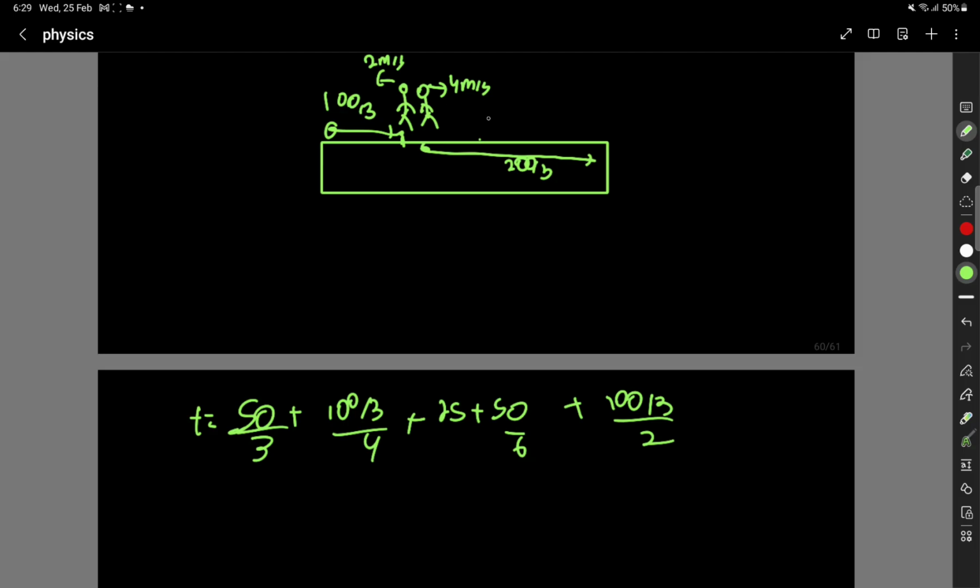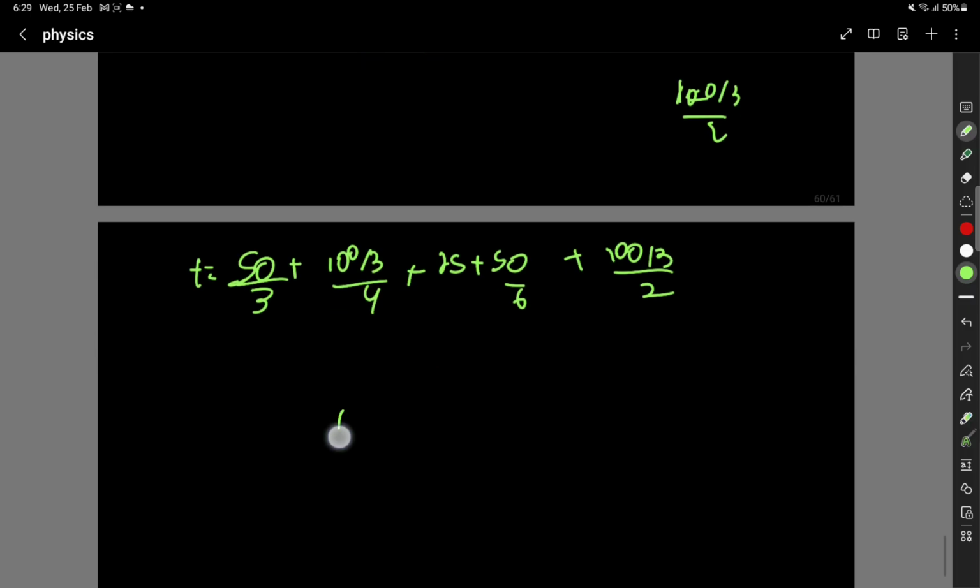So here we can see that both of these guys take 100 by 3 by 2 seconds to reach their respective endpoints.